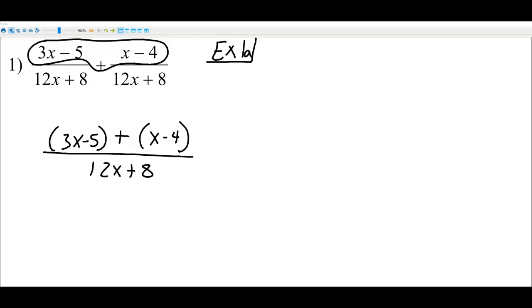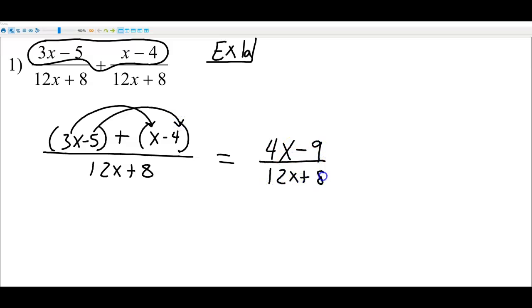All right, so now we can just start combining like terms. So 3x and 3x can go together. That makes 4x, right? And then -5 and -4 can go together. It makes -9. Too bad, right?